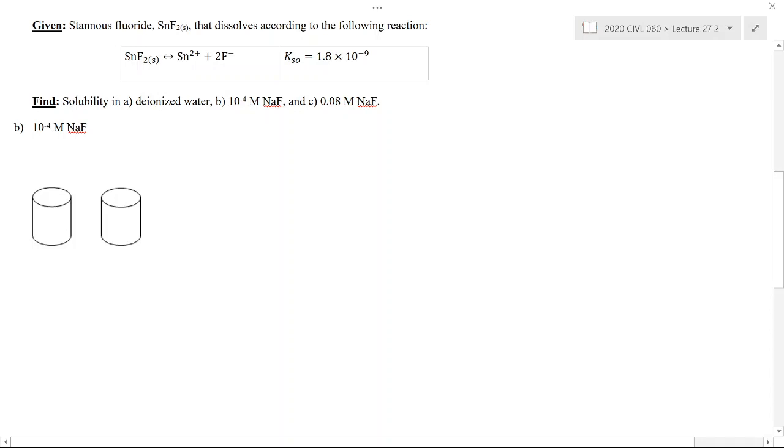I've drawn these two schematics over here. These are actually the same beaker, just separated by a time step. So initially we have sodium at 10 to the minus 4 and fluoride at 10 to the minus 4 in deionized water.